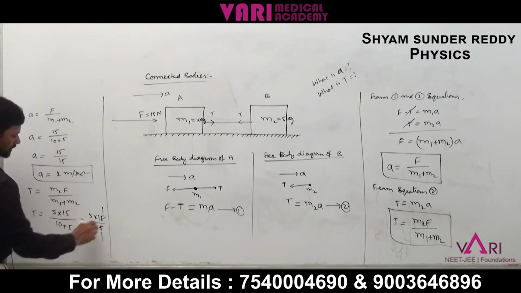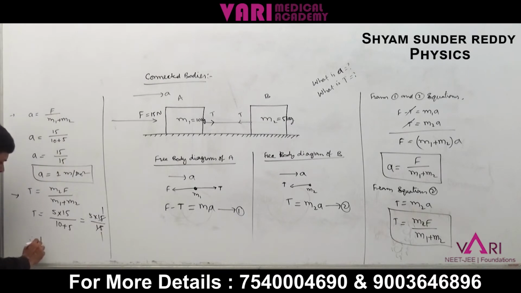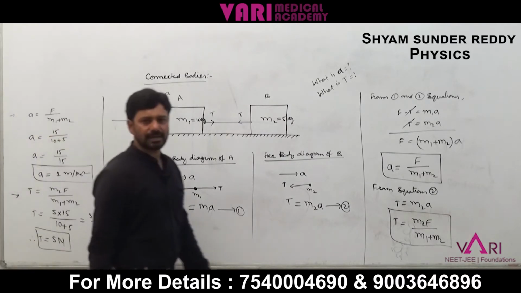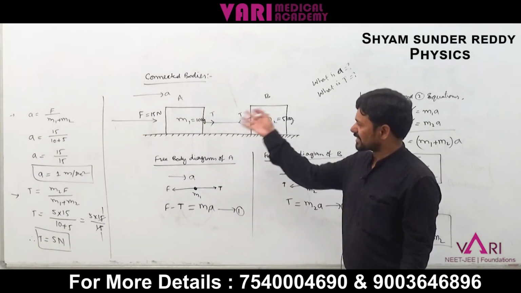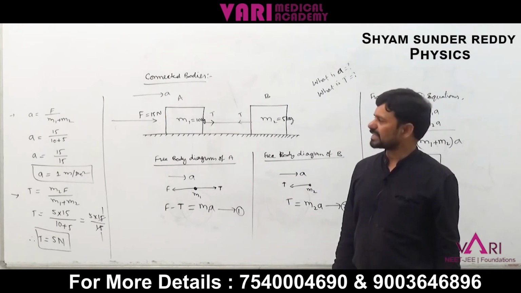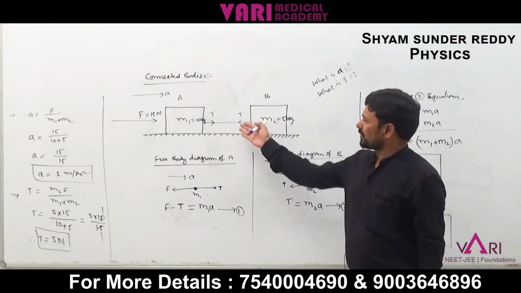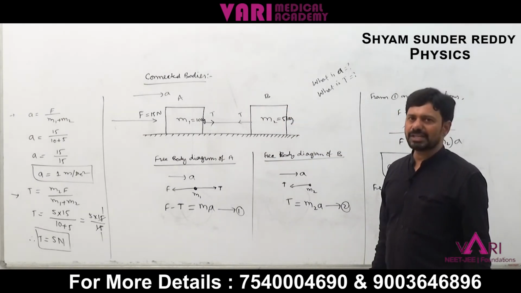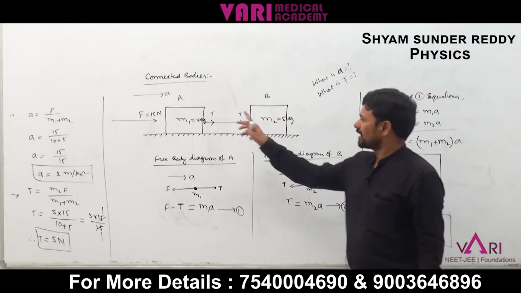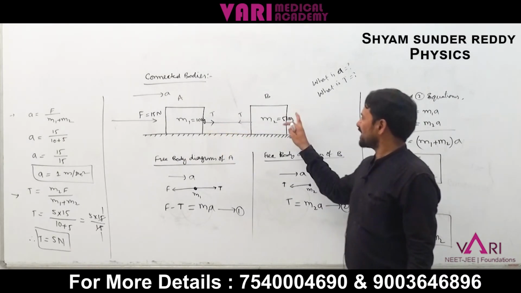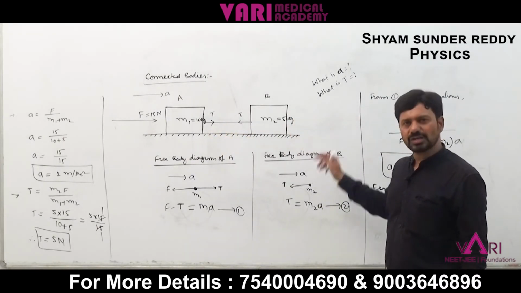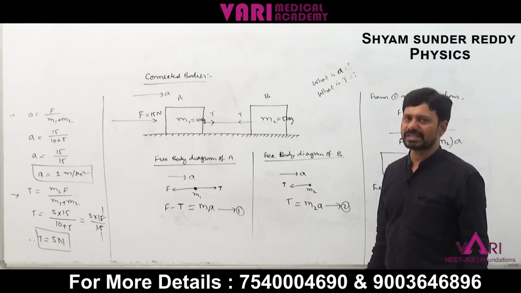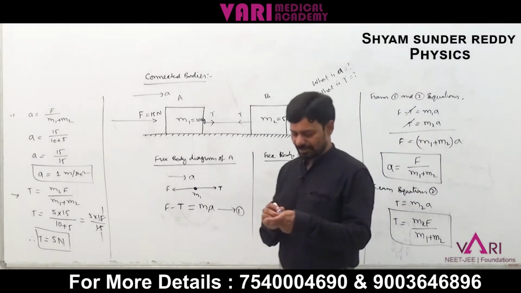So therefore tension T is equal to 5 newtons. This is the concept as well as the problem. Based on this, suppose 3 blocks are there, then tension T1 and tension T2 also we need to find. This is the method. Okay, next.